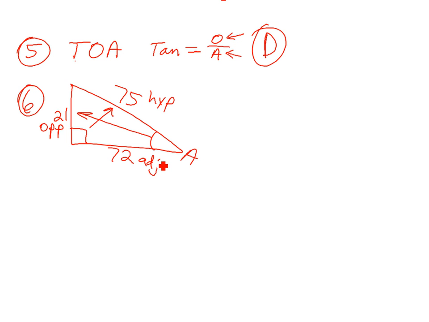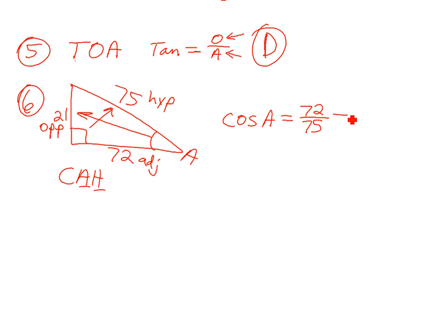And we want the cosine of angle A. Well, cosine is the C part of the SOHCAHTOA, so it's adjacent over hypotenuse. For angle A, the adjacent is 72. The hypotenuse is 75.